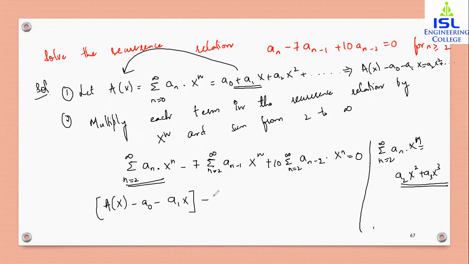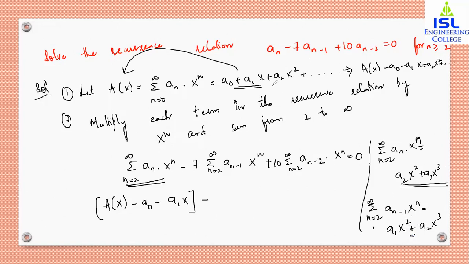So this is the first term. Now for the term sum from n equals 2 to infinity of a_{n−1}, what will happen if I expand it? Substitute, and you will get a_1 x^2 plus a_2 x^3. What is the difference between these two series?